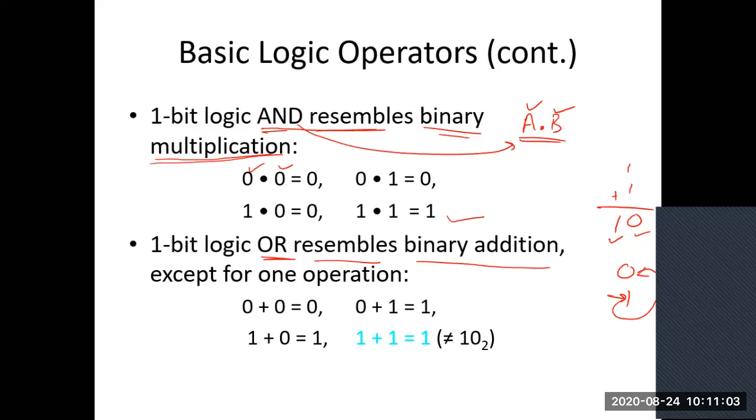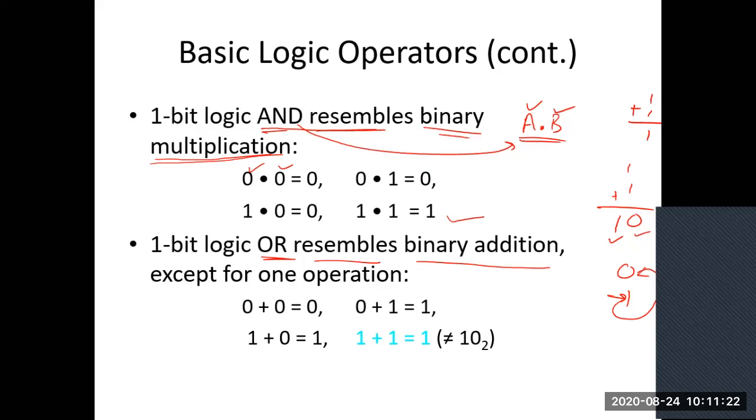But in the case of the OR logic operation, 1 plus 1 is equal to 1. You can understand it in such a way that 0 means nothing, 1 means everything, because we are categorizing all the things in two logic levels, either 0 or 1.